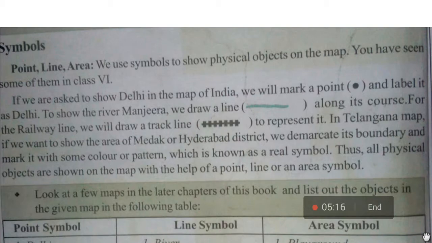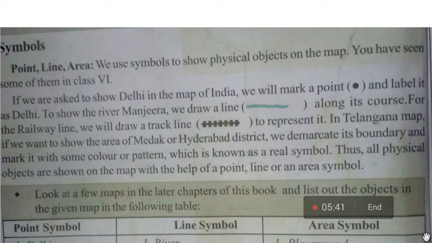Or if you want to show the area of Medak or Hyderabad district, we determine its boundary and mark it with some color or pattern, which is known as an area symbol. Thus, all physical objects are shown on the map with the help of point, line, or area symbols.